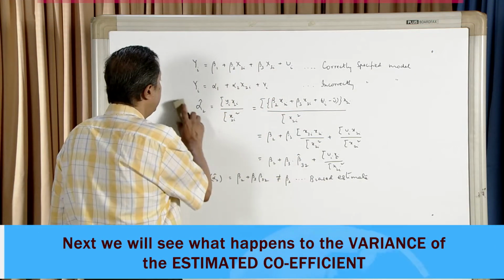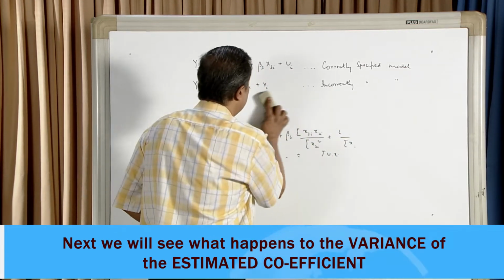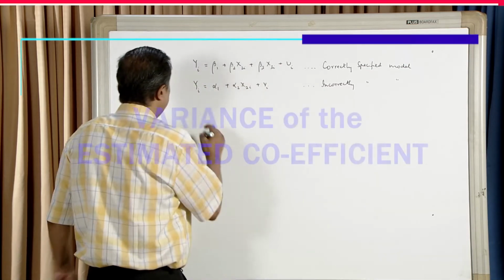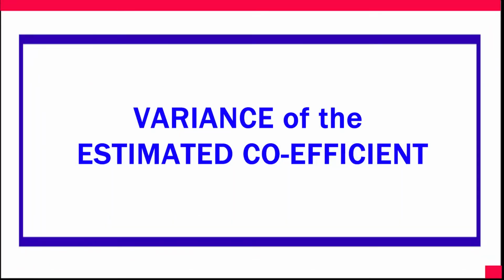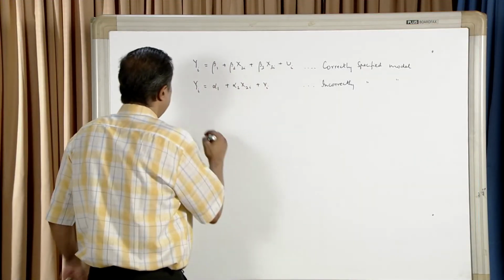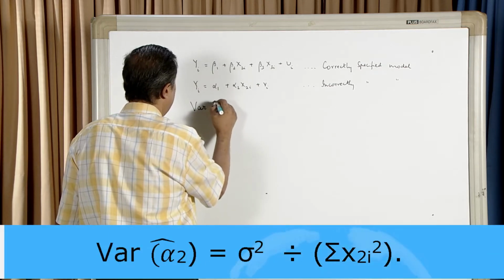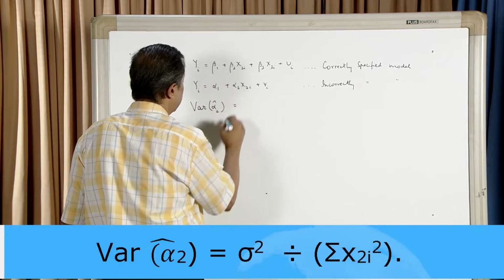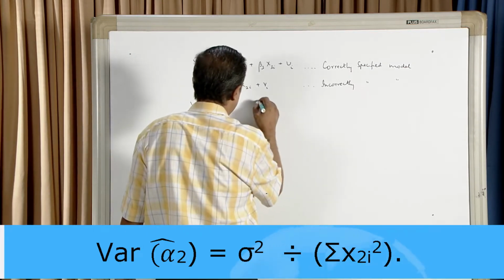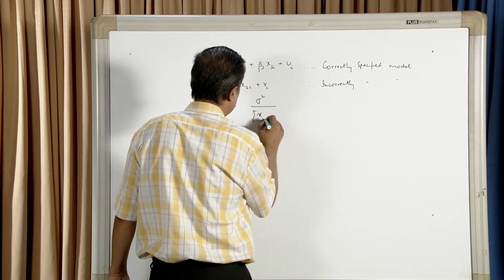Next, we will see what happens to the variance. We will find that the variance also is affected if we omit the variable x3. The variance of alpha 2 hat, we know from our standard results of the simple or two variable model, is sigma square divided by summation x2i square.